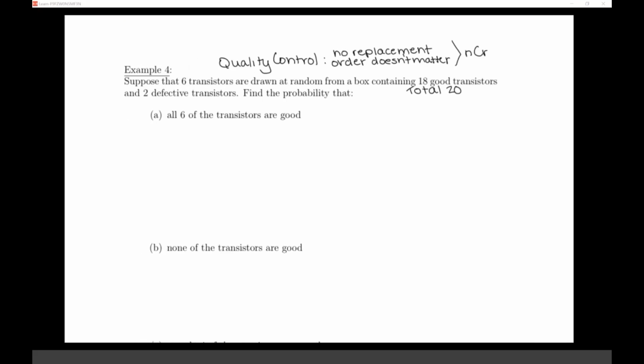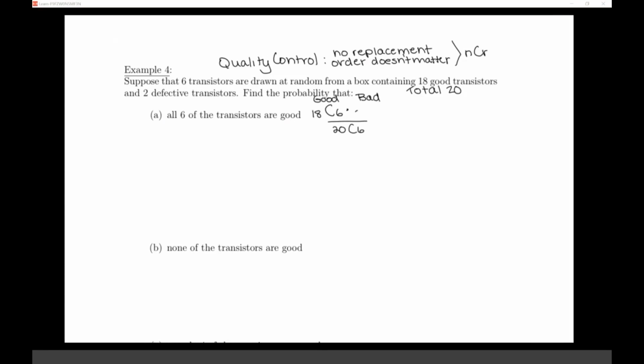So to find the probability that all 6 are good, we want to first find the number of ways to choose 6 out of 20. That's the denominator. And then we're going to divide them into good and bad. 18 of them are good, and we want all 6 of those to be chosen from the good ones.